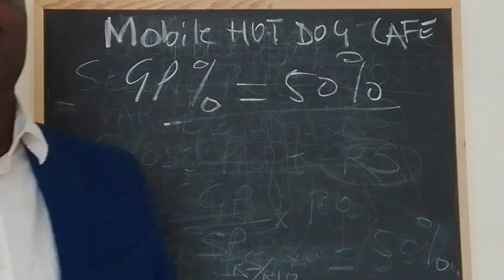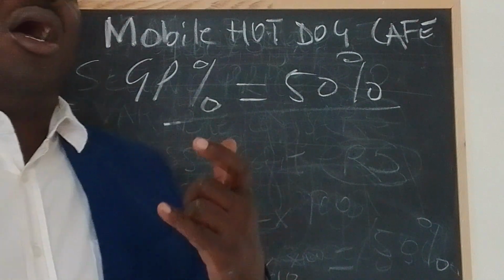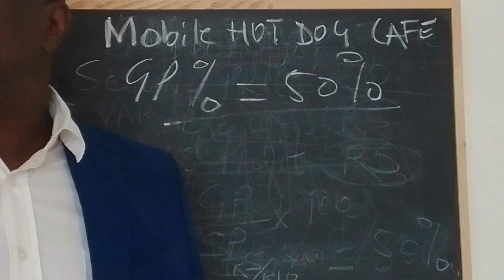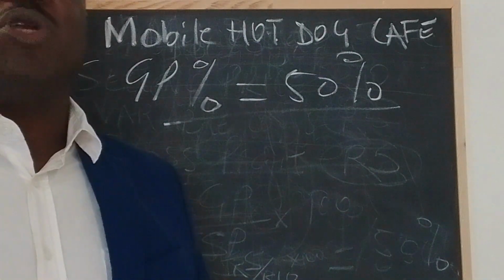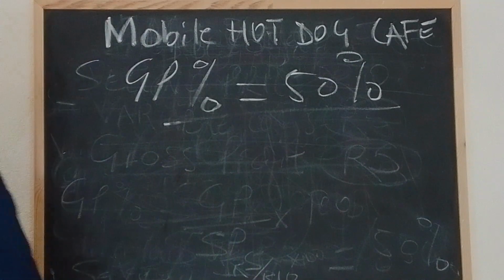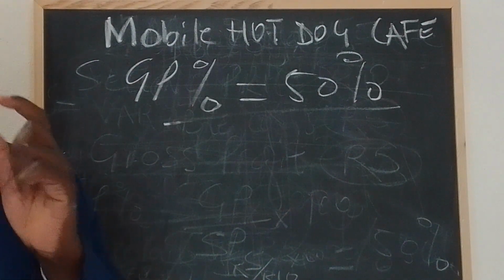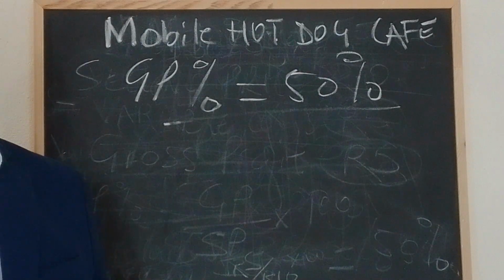I come to you and say, sir or madam, I am running a workshop and now I would like to buy 500 units of your hot dogs. And I say to you, I want you to give me a 50% discount. What are you going to say?